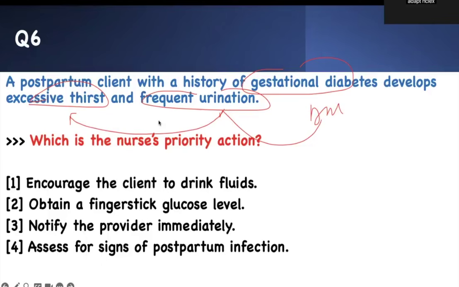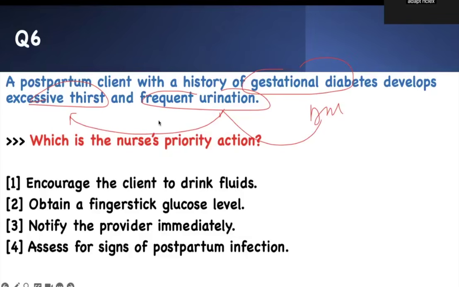There's nothing in the question that tells you there's infection. I'm not giving any to you, tachycardia, or they complain about anything associated with infection. Urinary, frequent urination, is consistent with hyperglycemia. The patient has gestational diabetes. You have to confirm it. There's no emergency. If there's an emergency, you treat it.